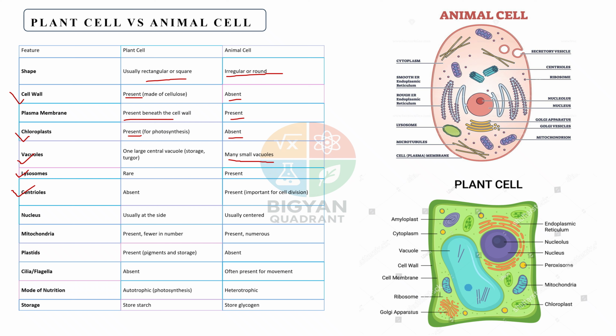Nucleus: because there is a large central vacuole in the plant cell, the nucleus is usually at the side, and usually in the center in the animal cell. The mitochondria are fewer in number in the plant cell, and numerous in the animal cell, and there are other differences.